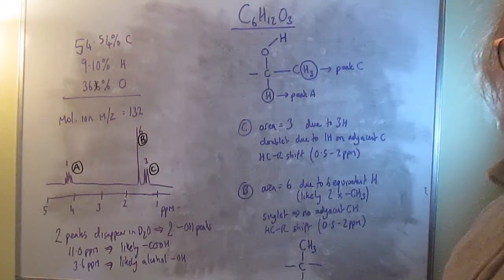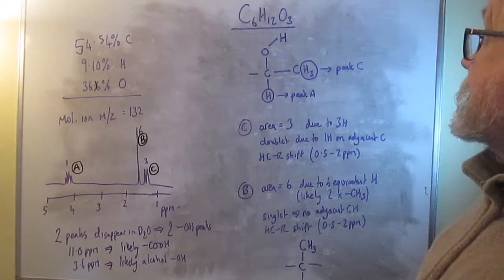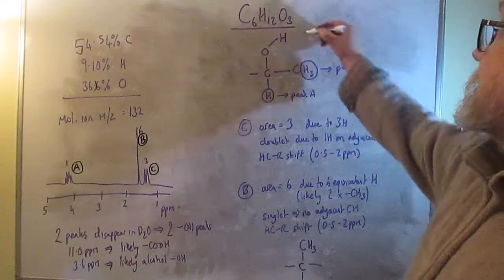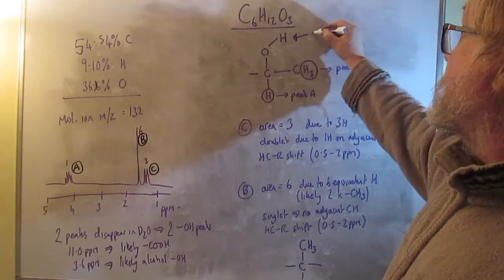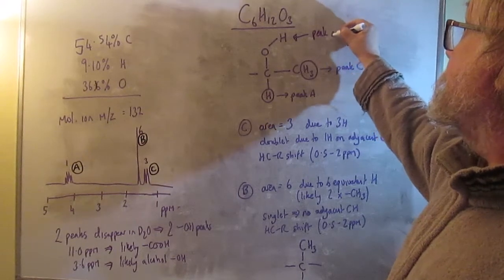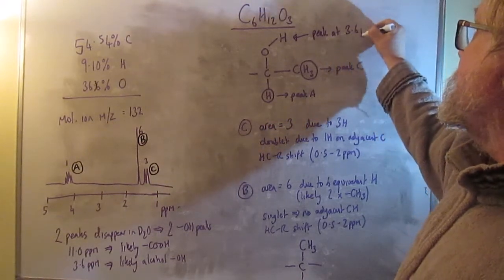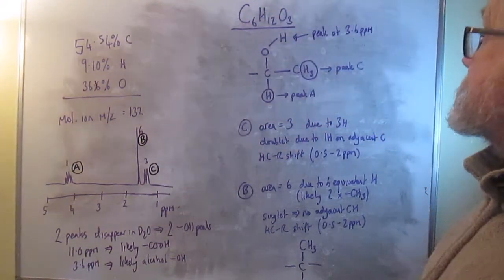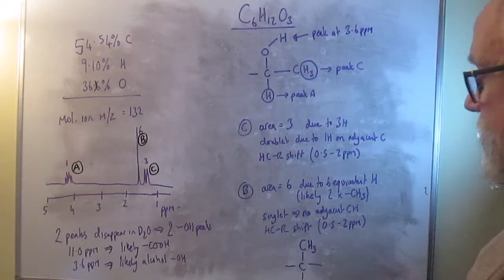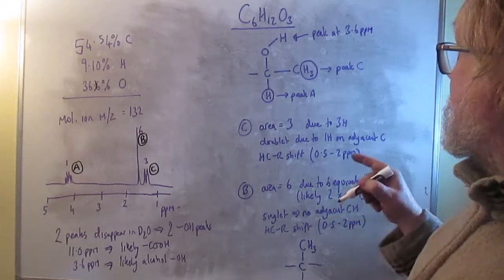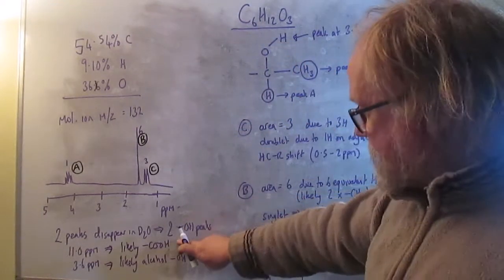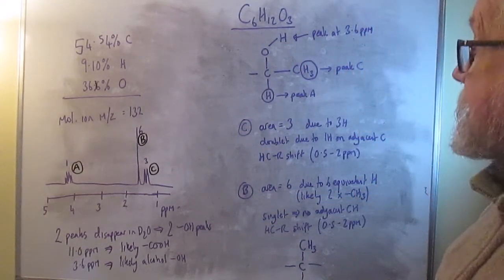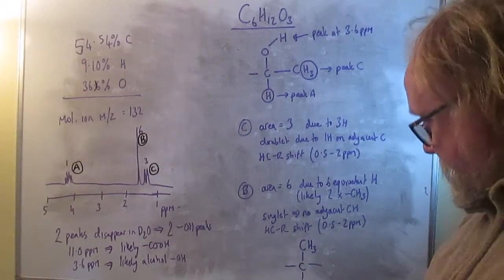So we can now add that onto the structure and suggest that that is likely to come from the peak at 3.6 ppm, which disappears in D2O. So now we've just got to attach this element of structure and the COOH to that, and you can see how they're going to fit together.